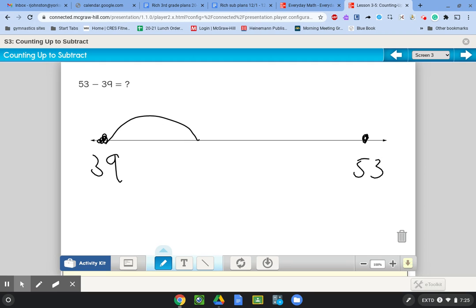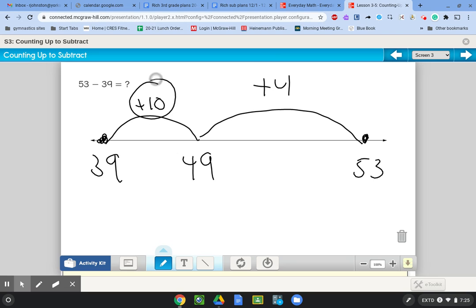If I go 39 and I go up 10, that takes me to 49, right? So I started right off with a 10 jump. Now, 49 to 53. Well, I could make a small jump to 50, but I think I know that from 49 to 53 is a jump of plus 4. So again, we get 10 plus 4 is 14. We get the same answer.